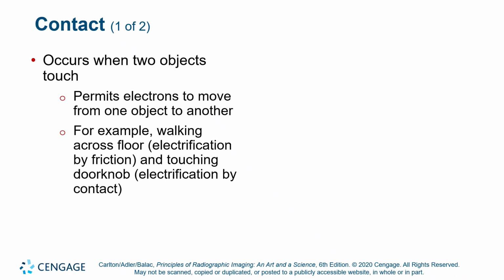All right, contact is when you have a charged object touching an uncharged object or another charged object. So with contact, if there's an abundance of electrons on one of the objects, they will take advantage of the opportunity to distribute.